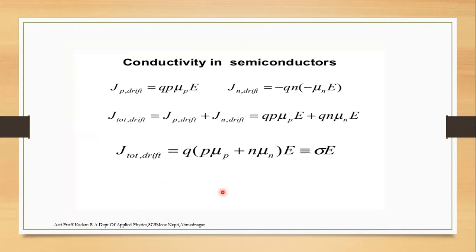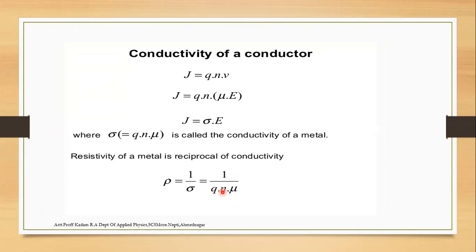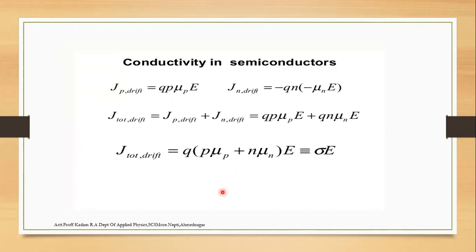So firstly we defined the electric current in the conductor, then the conductivity of the conductor, and now the conductivity in the semiconductor.